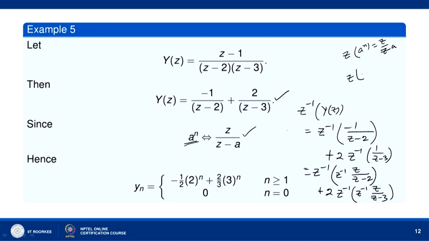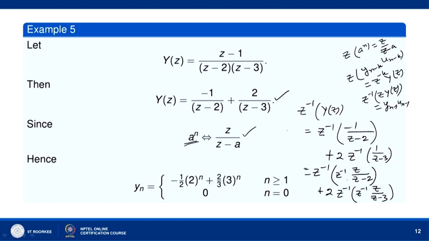Then Z transform of x n minus k u n minus k is equal to z to the power minus k X z. Let us apply this property. So, k is equal to 1 here. So, Z inverse of z inverse into X z will be equal to x n minus 1 u n minus 1. Okay. So, here the Z transform of 2 to the power n is z over z minus 2.